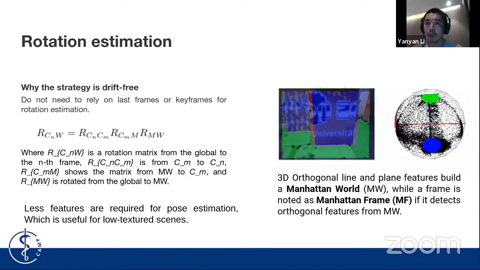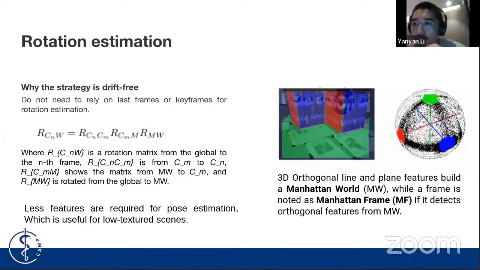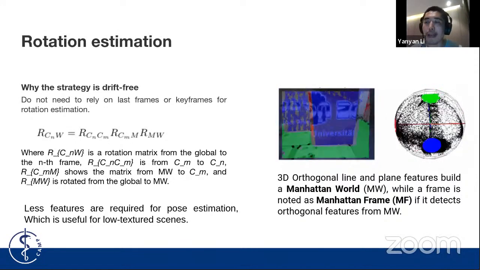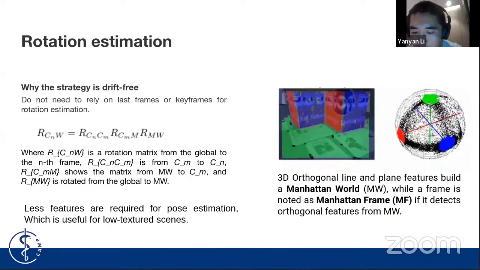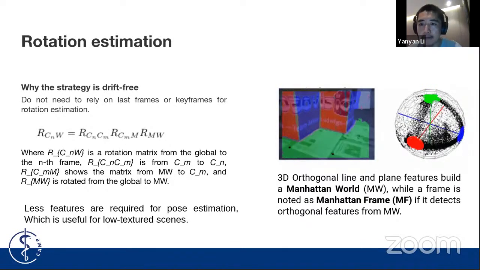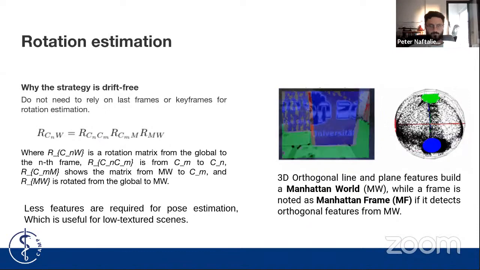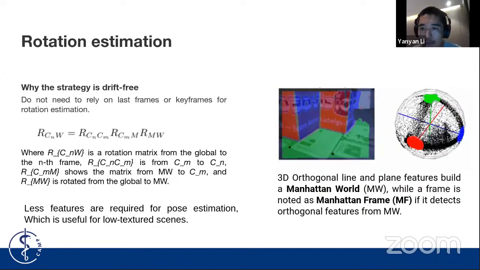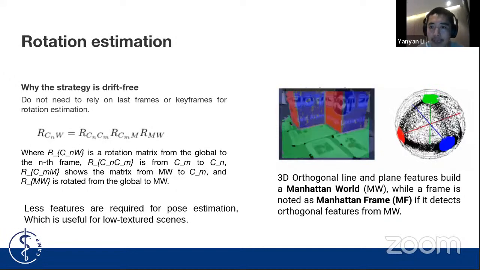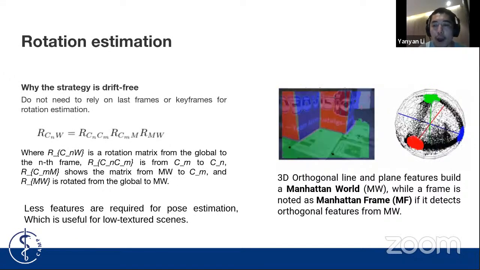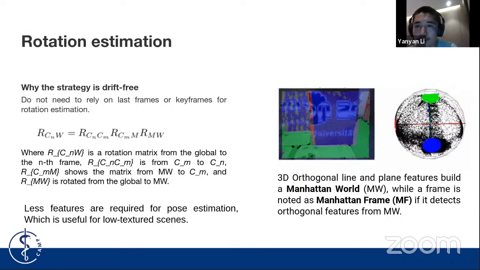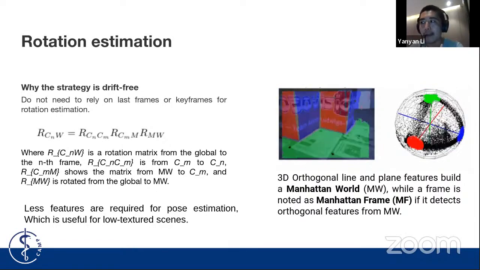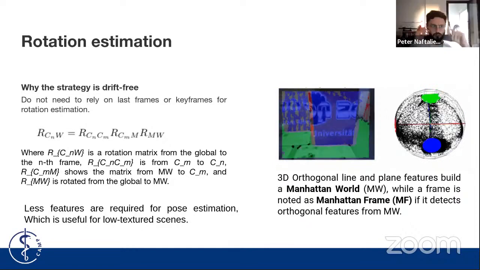For example, if you find the first relationship between R_C0 and the Manhattan world, then you can use this rotation to update R_C1 to the Manhattan world. So this is the update, and it proceeds iteratively.